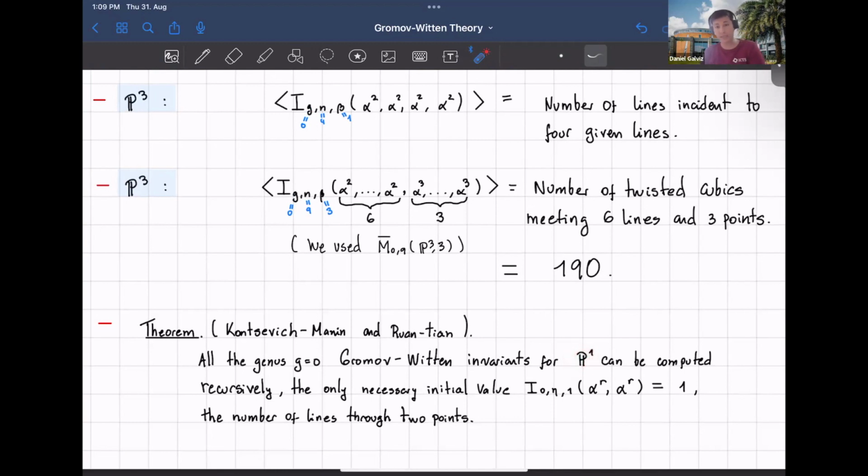That's where topological recursion also comes into play, because given the first one, this one initial value, then you can calculate the others from a recursion relation. There is an expression for how to calculate that, but I'm not going to say it. I'm just going to say that if you find one, then you can calculate the others. And that theorem is well established. You can check it by yourself.